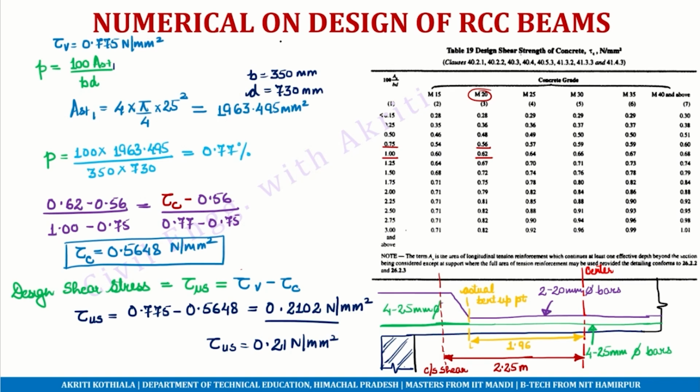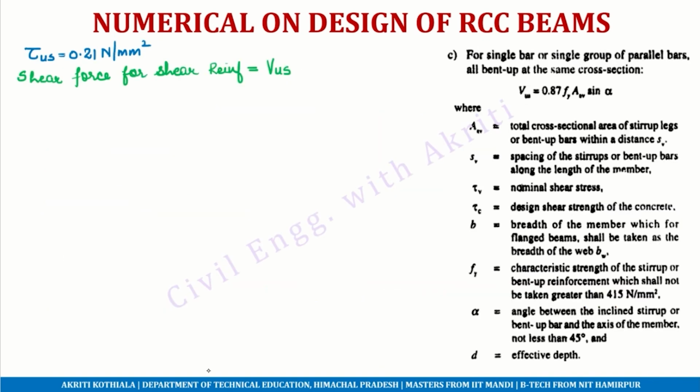So moving on with this value, we can calculate the shear force for shear reinforcement. This means that because this value of shear stress is not being resisted by concrete, for this excess value we will have to provide shear reinforcement. So this can be calculated as Vus is equal to tau us into bd.